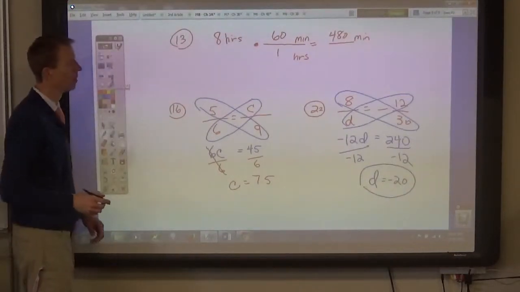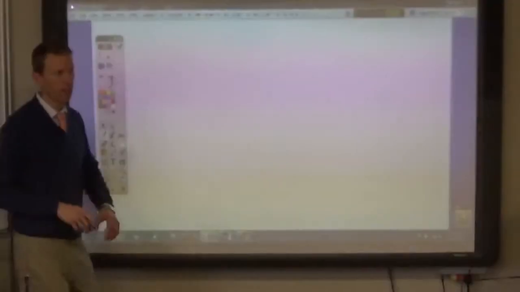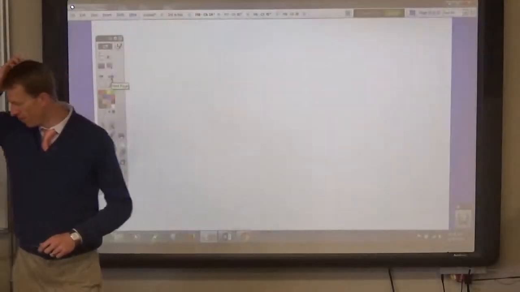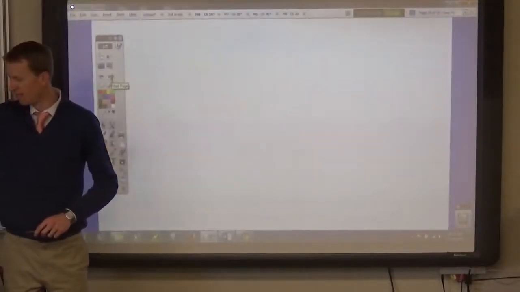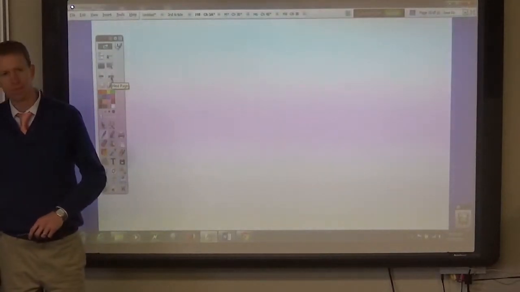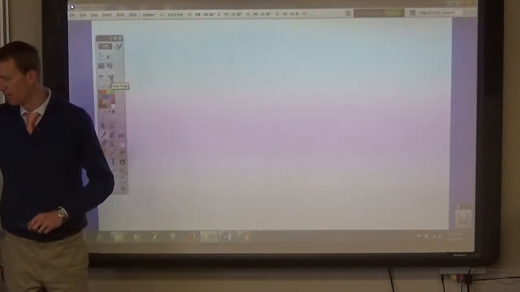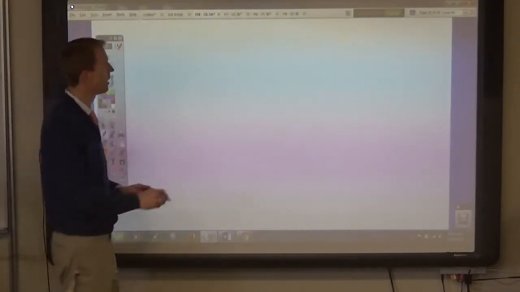Number 24. Here's a word problem. These are really important, really helpful in life, because you're going to be given situations where you have to solve a proportion like this. A canary's heart beats 200 times in 12 seconds.